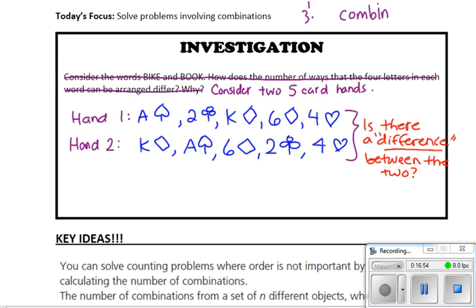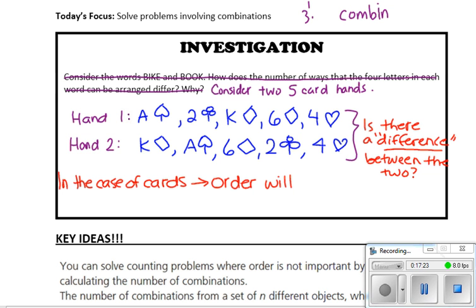Okay, so it depends. It depends if we're asking if order matters or if order doesn't. So in the case of cards, will order matter? Order will not matter, unless I ask you to arrange the cards, right? Unless we say, let's arrange these 5 cards, then order matters.